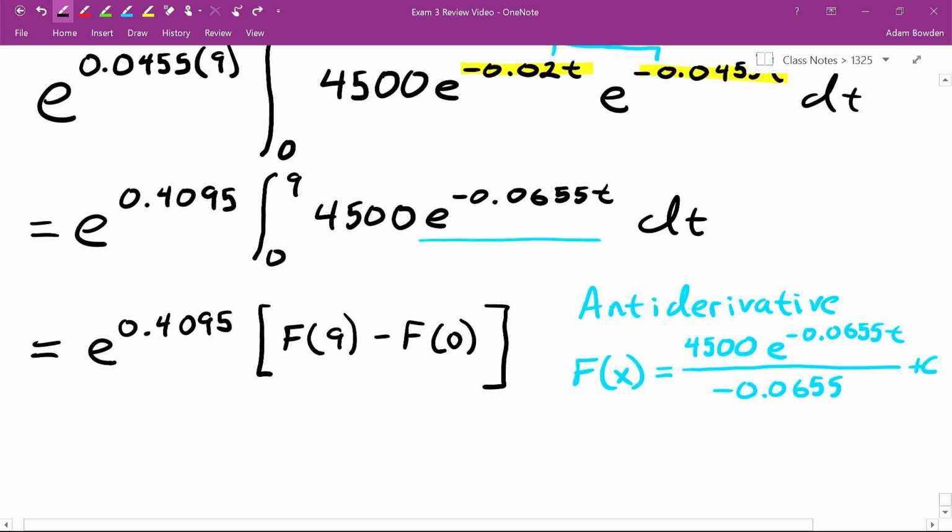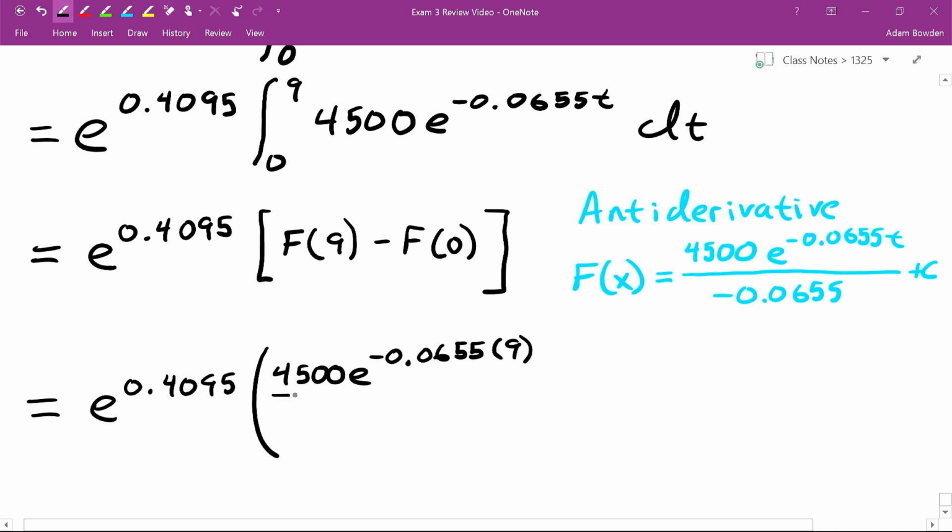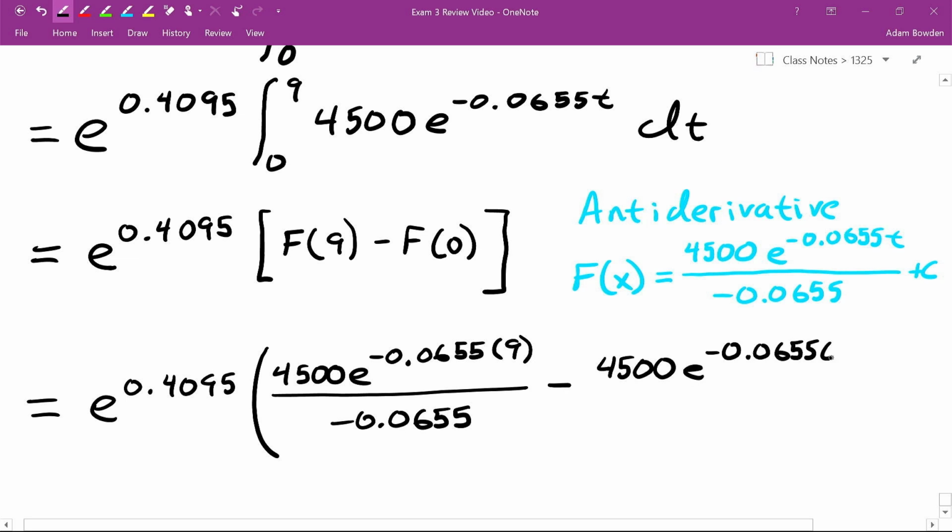So what we're going to have to calculate here is e raised to the 0.4095 times 4500 e raised to the negative 0.0655 times 9 divided by negative 0.0655 minus 4500 e raised to the negative 0.0655 times 0 all over negative 0.0655.